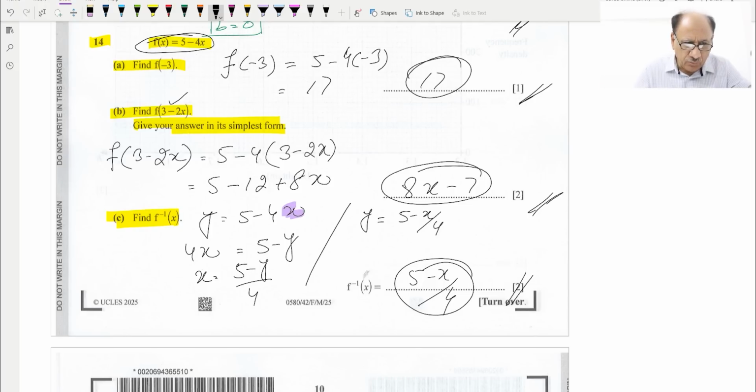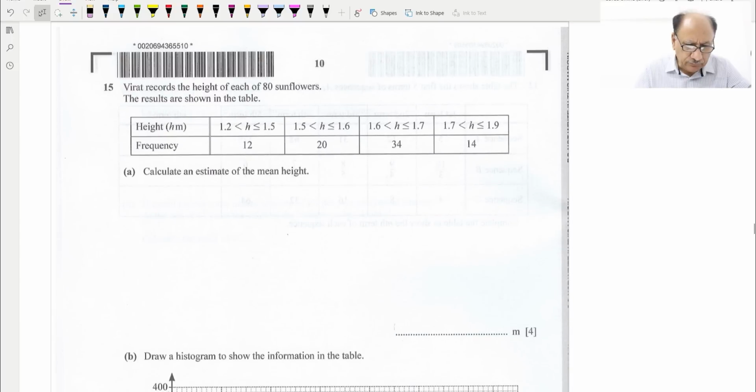Hopefully you understood this. Here comes question number 15, and Virat records the height of each of 50 sunflowers. The results are shown in the table, and we calculate the estimate of the mean height. So for mean height, we need to check the mid range.